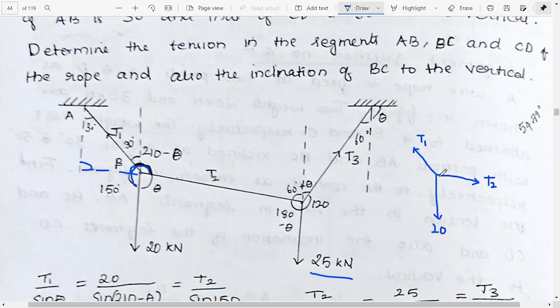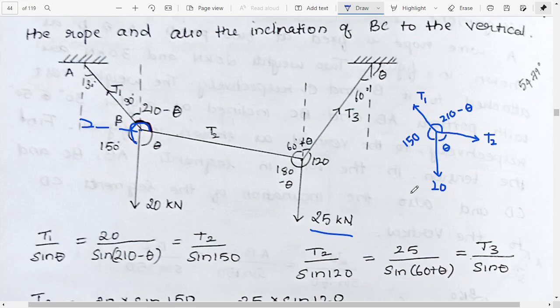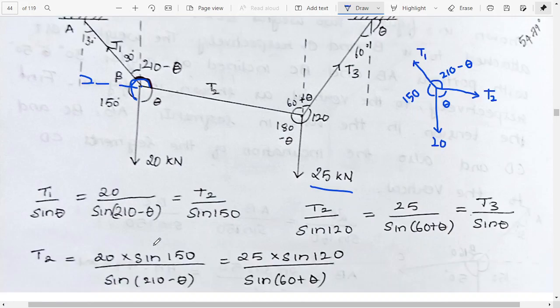Okay, so we know that this angle is 210 minus theta. I'm drawing it slowly. So we will get something like this. From here we get that T1 by sine theta is equal to T2 by sine 150 is equal to 20 by sine of 210 minus theta.